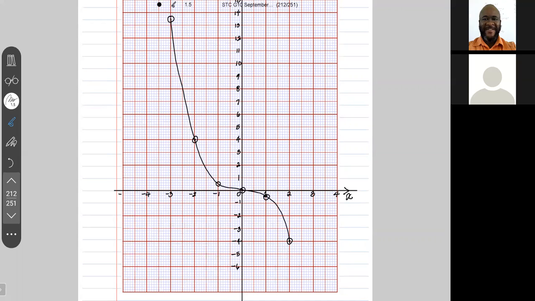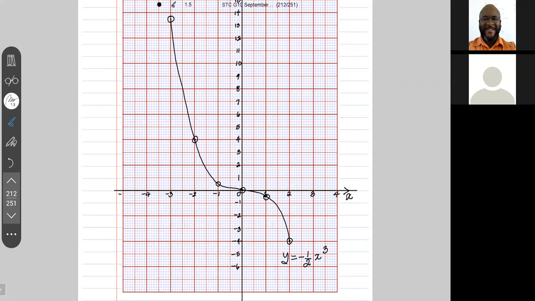All right. And this is the graph of y is equal to minus a half x cubed.